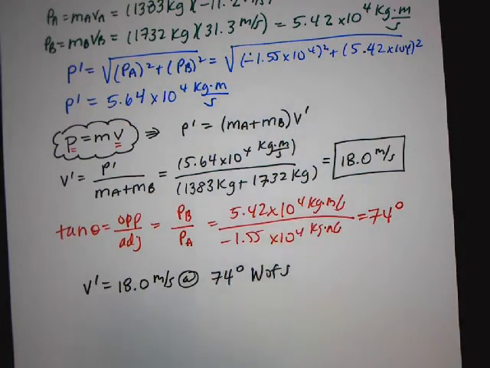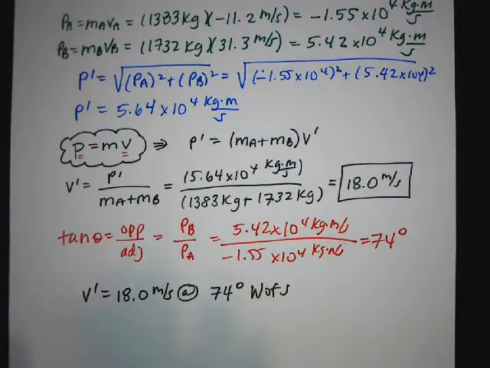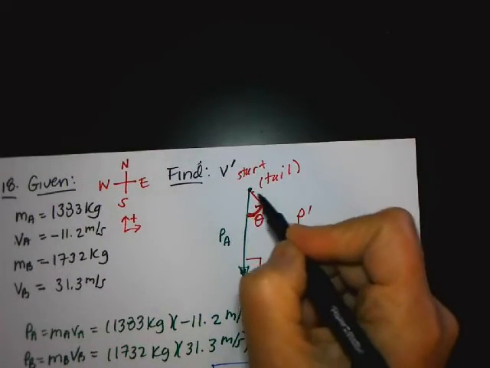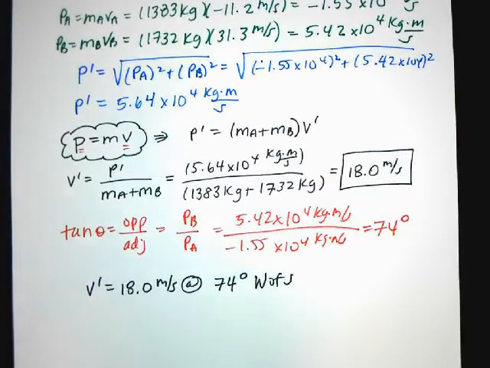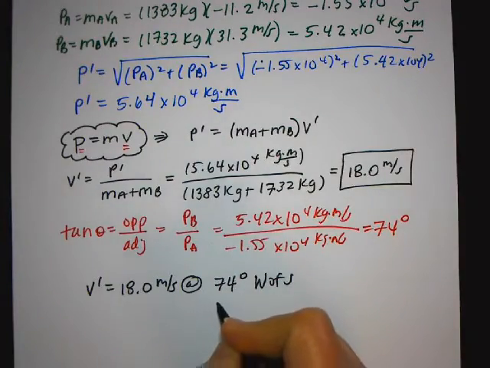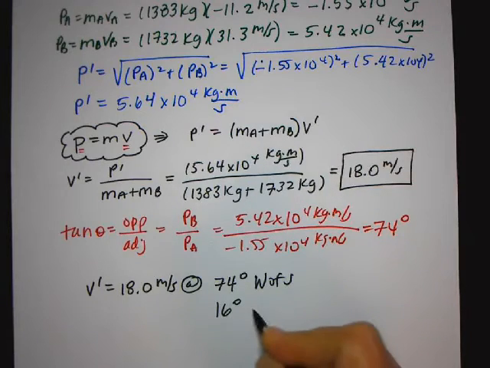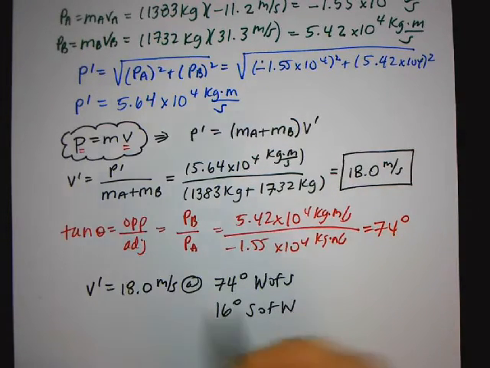But remember, if I look at my picture, that's this angle. If I wanted to measure it from here, those are complementary angles, so I could also write 16 degrees south of west, and it means exactly the same thing.